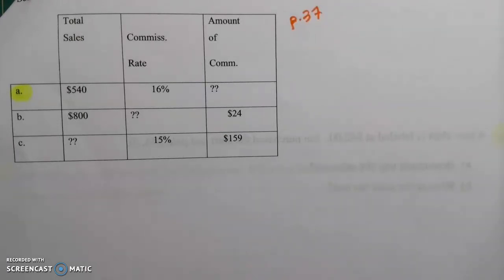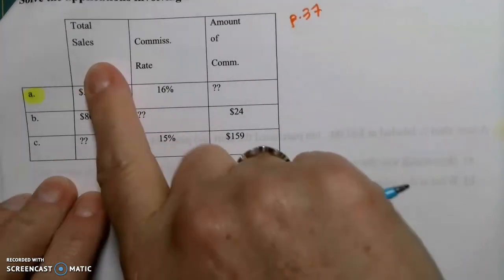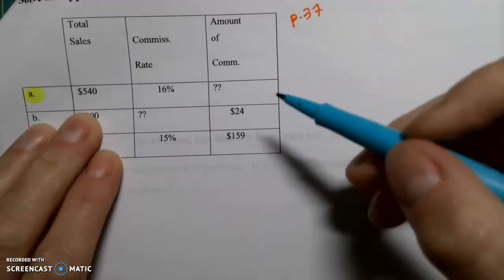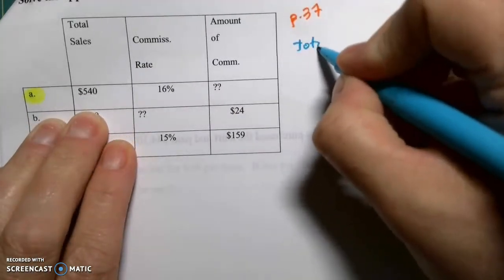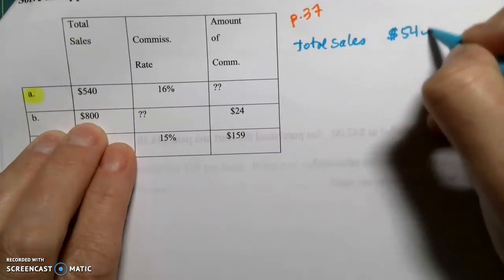So we're going to do part A in this one, and so we've got 3 columns here: total sales, the commission rate, and the amount of commission. So this one we are looking at, we have total sales are $540.